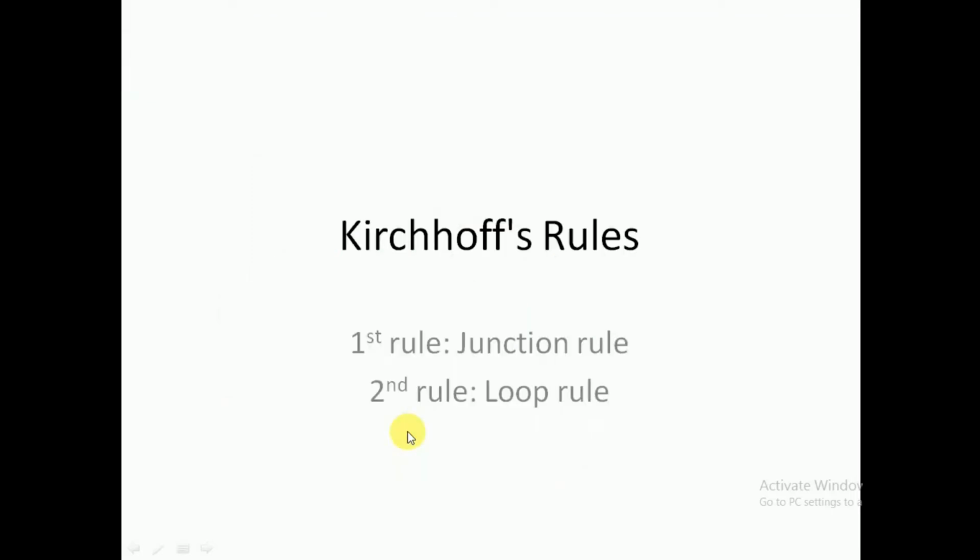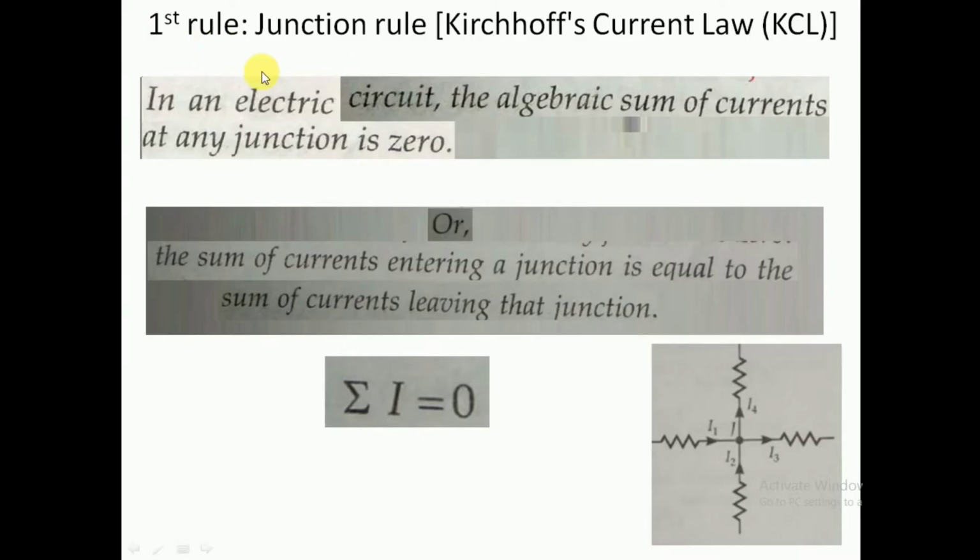In order to solve problems on networks, we cannot use Ohm's law, so we use Kirchhoff's rules, and it has two rules: one is the junction rule, another is the loop rule. The first is called the junction rule or Kirchhoff's current law, KCL.